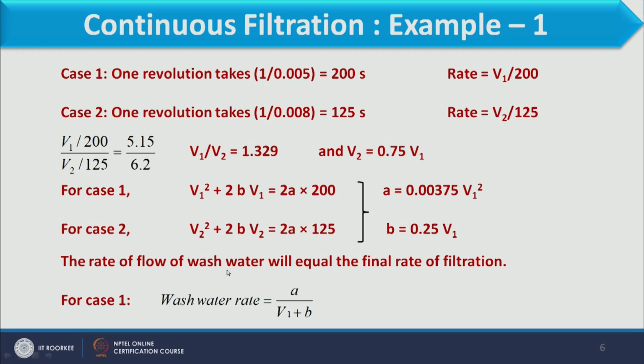Now, the rate of flow of wash water will be equal to the final rate of filtration. This we can consider. So for case 1, the wash water rate should be equal to A by V1 plus B. You can see from the last slide how we have defined the rate of filtration, and similarly, putting in V1, we can find the wash water rate for case 1.